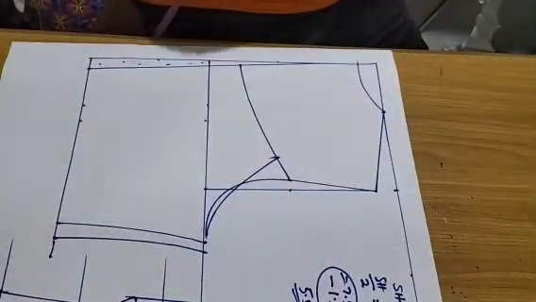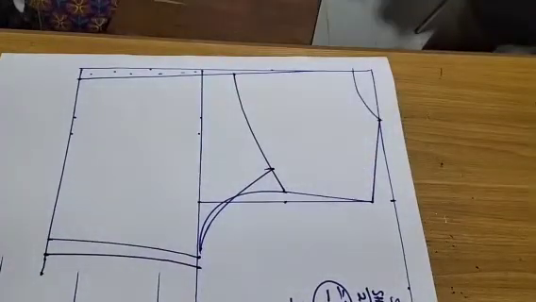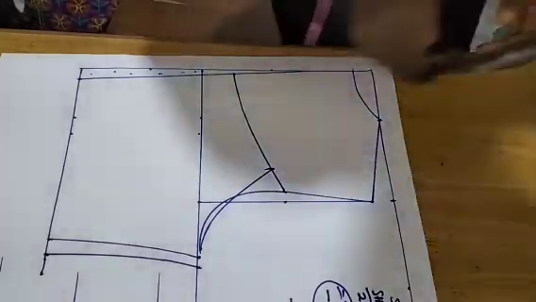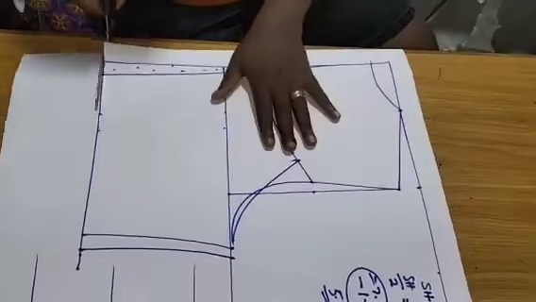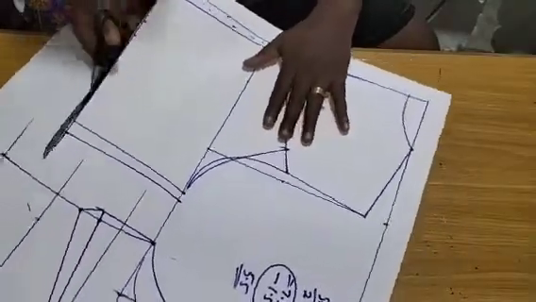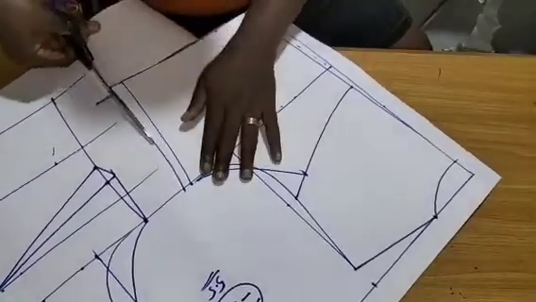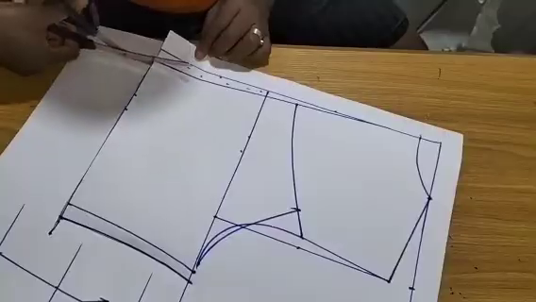armhole. Next is to cut out what we have on the pattern right away, because we are done right now. In cutting this pattern, I'll cut the back piece. I'm not using any dart for the back, that's why there is no dart here.